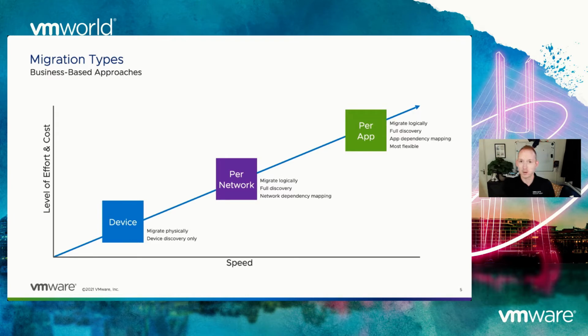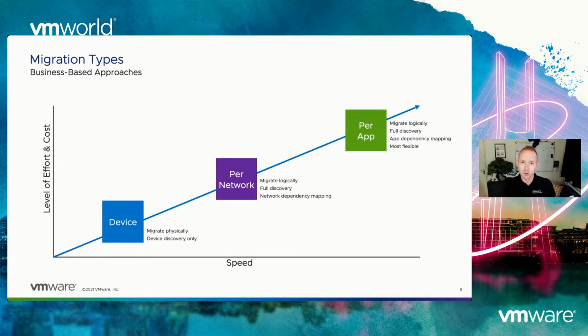The reason why I'm saying it's mid flexibility is because you have to grab everything within that network, every single VM that's in that network, and move it all at once, or at least pretty quickly after one another, so you don't have to stretch those networks very often, or very long, I should say.